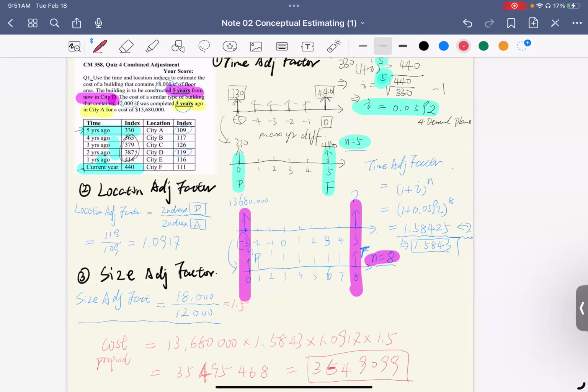Where you have 1.5843, it's supposed to be 1.5845. What number do you have? 1.5845. I know what issue comes from you.